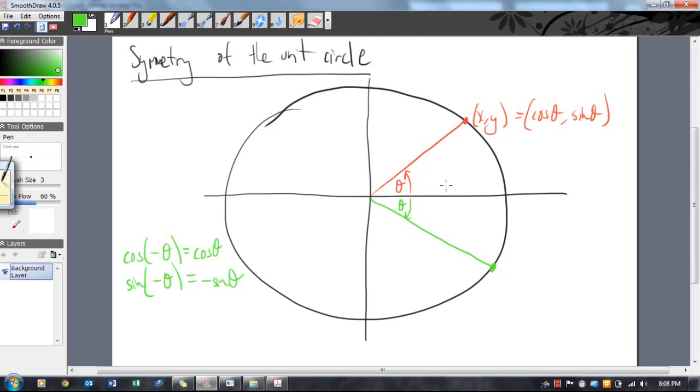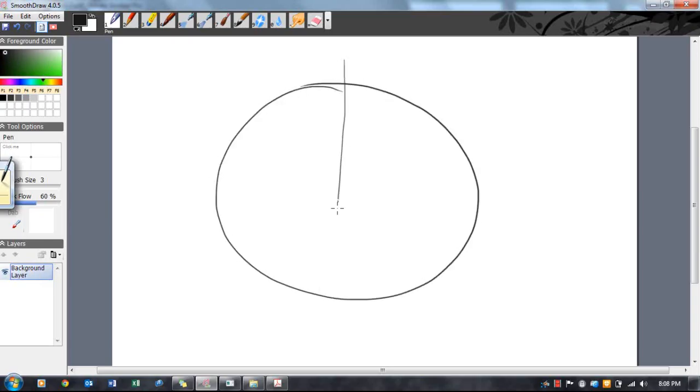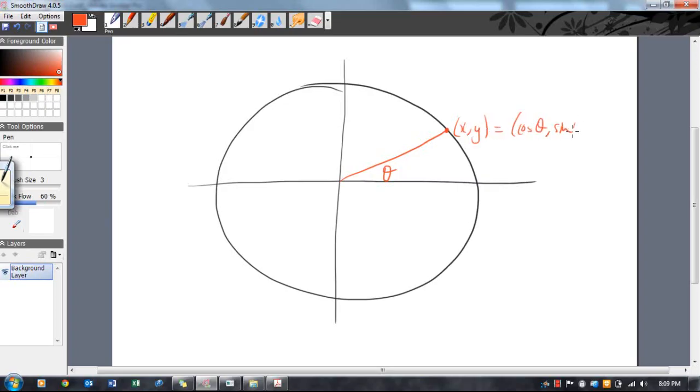I'll show you the other important symmetry that we get in a unit circle. Again, we've got the unit circle. If you've got angle theta there, and the point x, y, which is cos theta, sine theta, what happens if you get the equivalent theta from there?